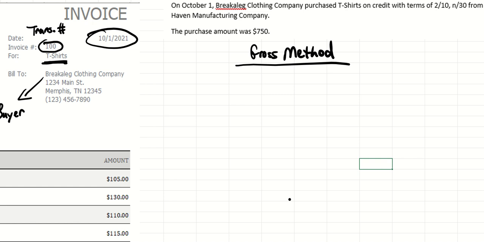So it's no different in gross versus net. The net amount is actually going to take into consideration discounts that were applied, returns that were applied, allowances that were applied. So it's going to take into consideration other events that can occur. But gross method, it doesn't. So it's no different than you looking at your pay stub and it shows your net earnings.